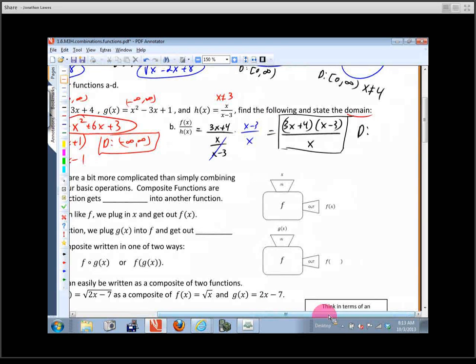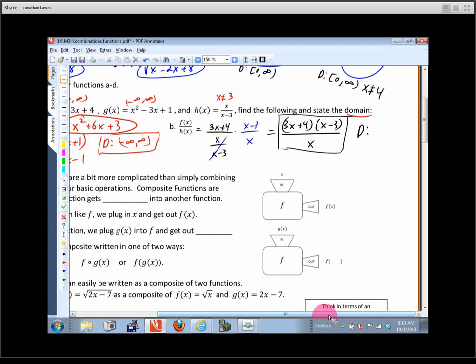Anybody got an answer for us? Anybody want to volunteer their answer for us? Somebody besides Raymond. I call on him all the time. So one suggestion is from 0 to infinity with round brackets.